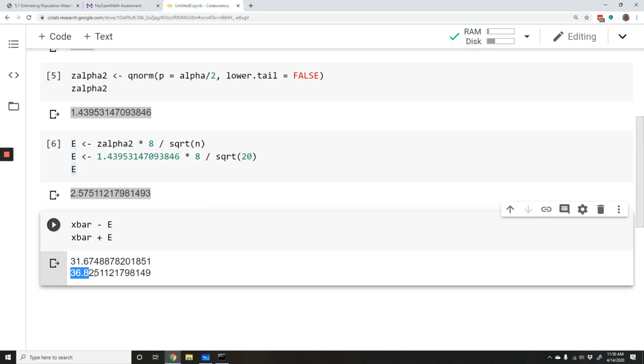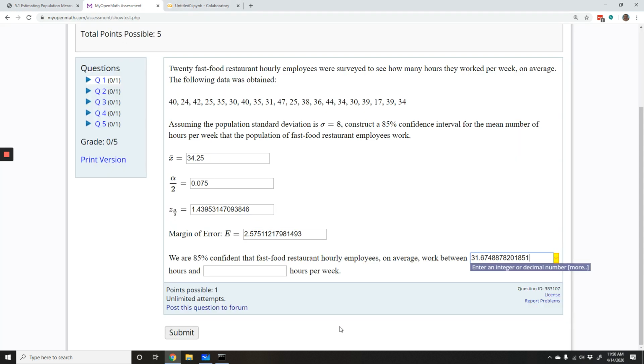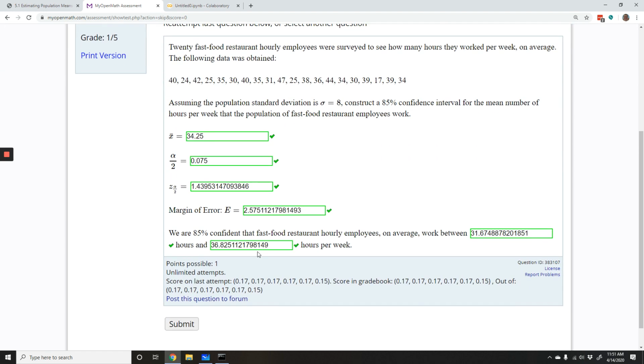And then my other value, 36.825. Okay, so we are 85% confident that fast food restaurant hourly employees, on average, work between 31.67 hours and 36.83 hours per week. So let's submit it, and we have it.